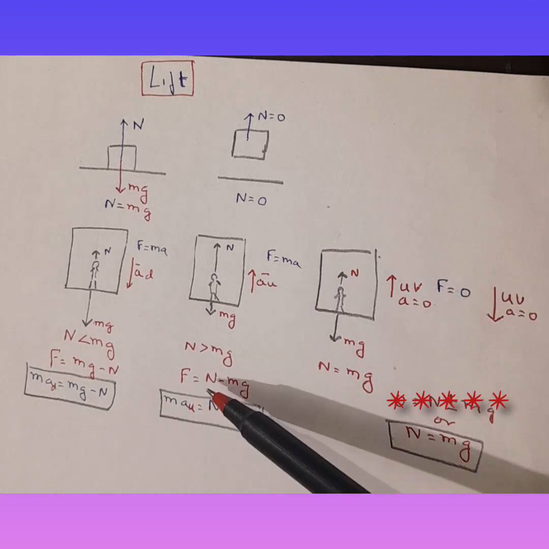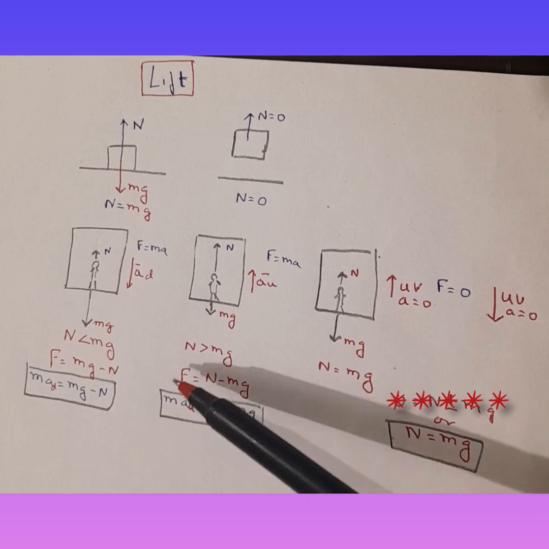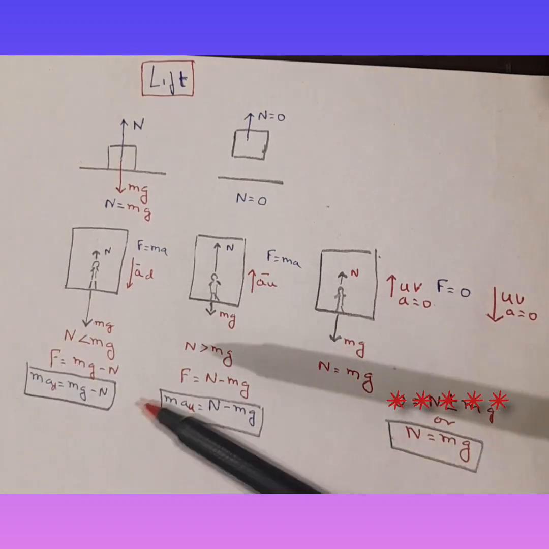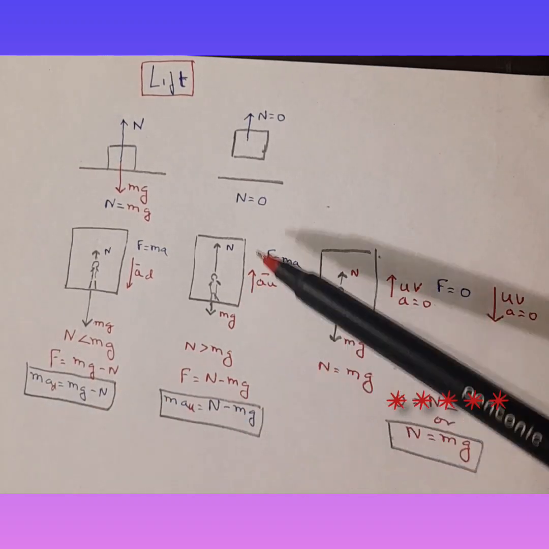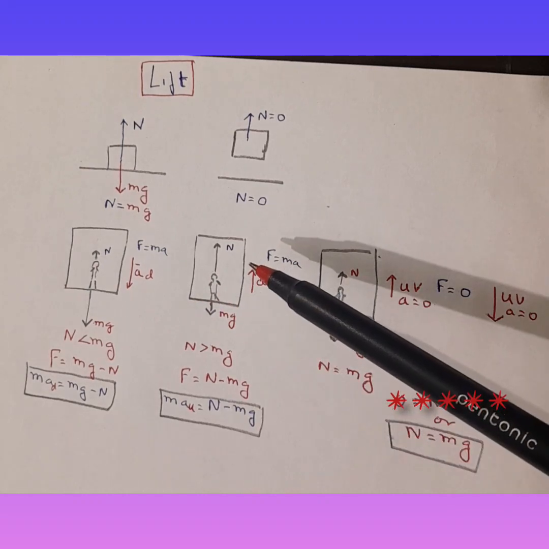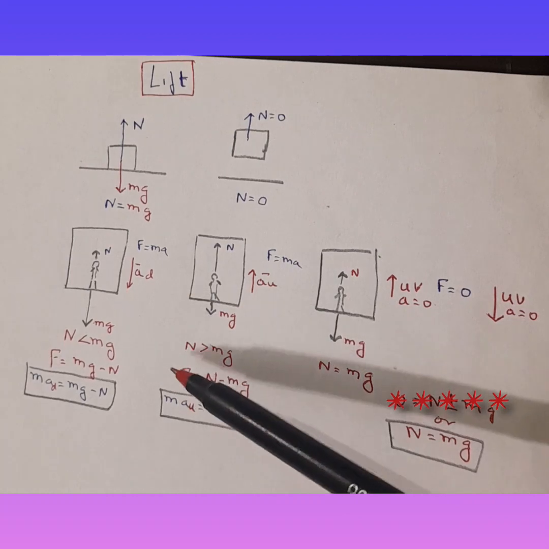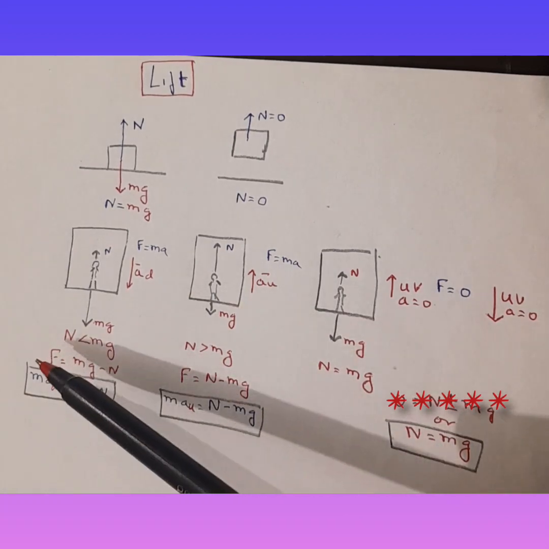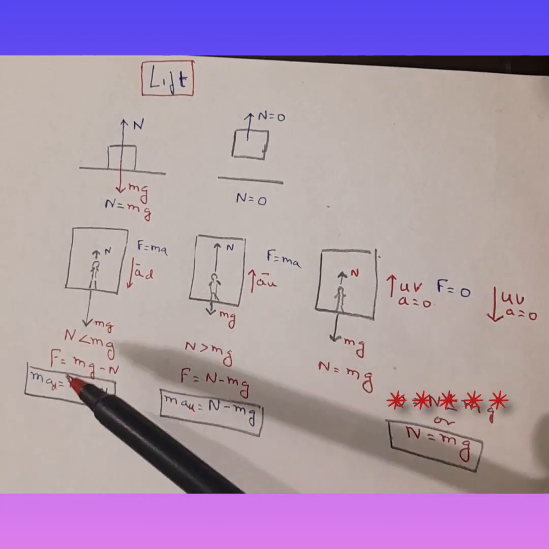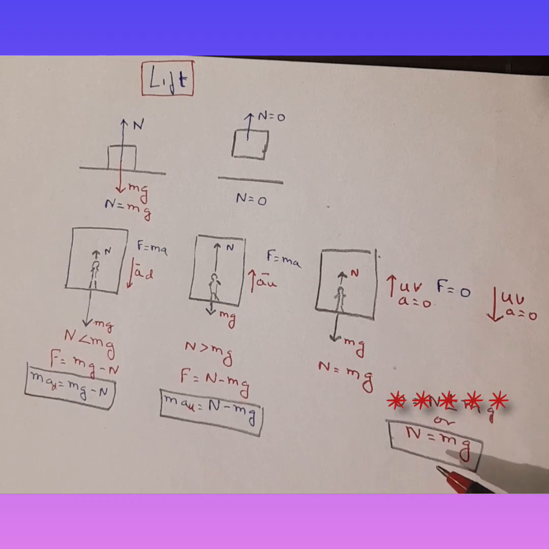So in either case, this part would be 0 because a is 0. So in any case, it would be N is equal to mg.